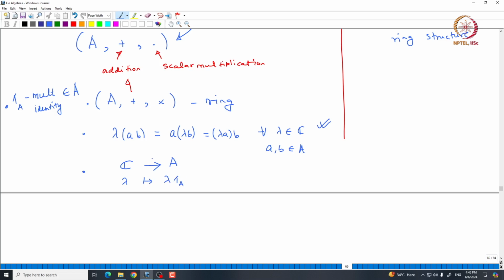If we call this map pi, then the image of pi must be sitting inside the center of A. That means all the scalars must commute with all the elements of capital A. So, this is sitting inside the center of capital A. So, we often identify lambda with lambda 1A.